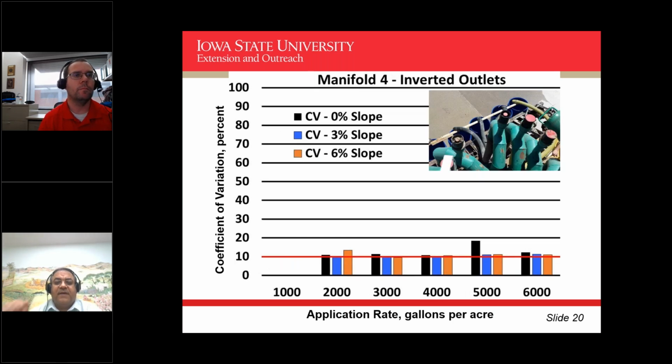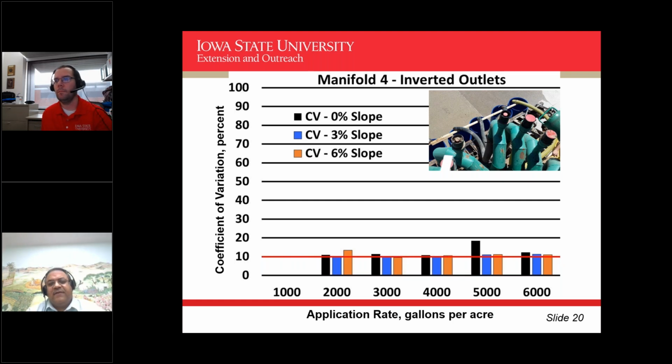We tested the same manifold again, but this time with the toolbar attached. We just wanted to see if it made any difference if those hoses were draped over the toolbar and then connected down into the toolbar points.